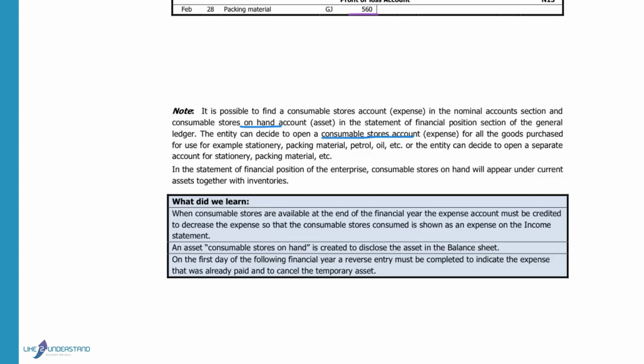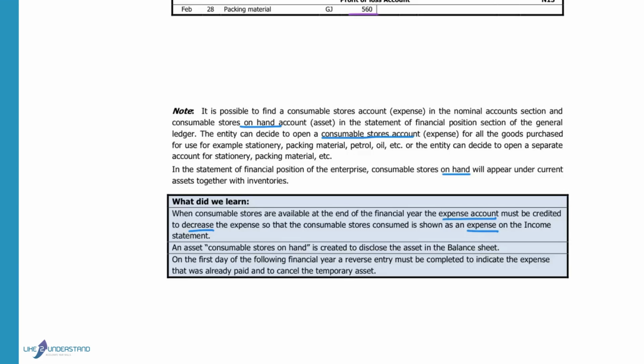In the statement of financial position, this consumable stores on hand will appear as a current asset together with the inventories. When consumable stores are available at the end of the year, the expense account must be credited to decrease the expense, so that the consumable stores that we actually used during the year is shown as an expense in the income statement.